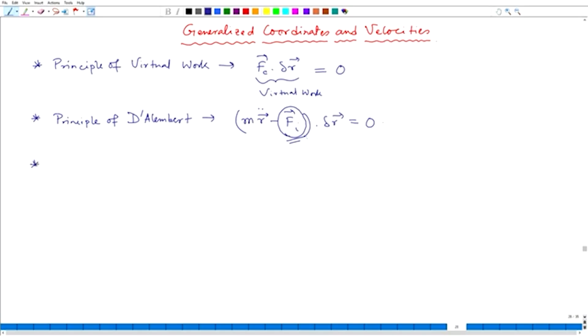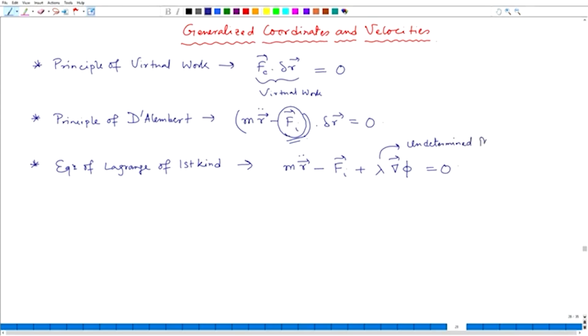Then we already said that equation of Lagrange of first kind, where we said that minus Fi plus lambda gradient of phi should be equal to 0 for a specific form of this undetermined multipliers of Lagrange.